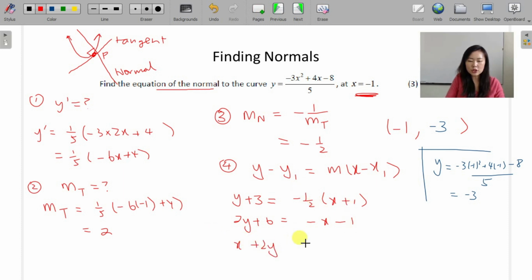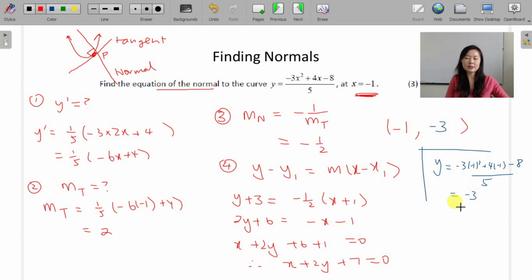Let's get that into general form. All right, so the normal looks like that. So that's it. If you wanted to find the tangent, by the way, just so that you know, you just use the gradient of the tangent and the same point and the same formula. That's it, just a different gradient.